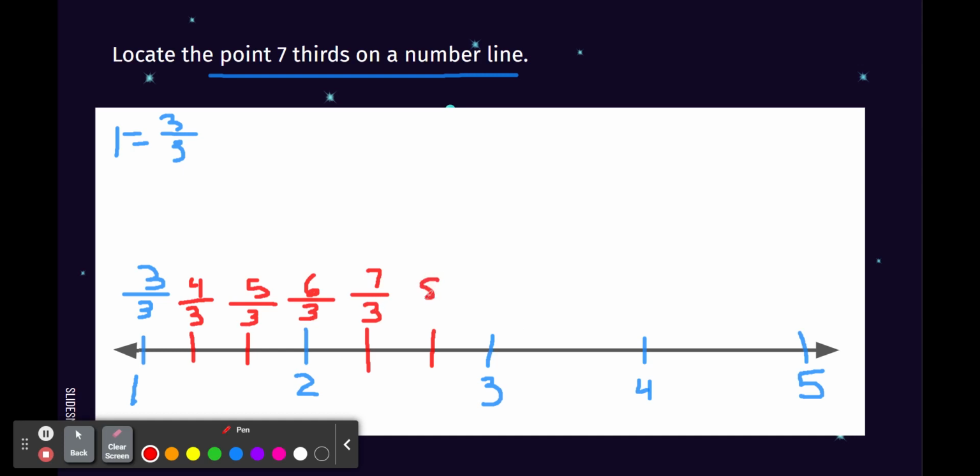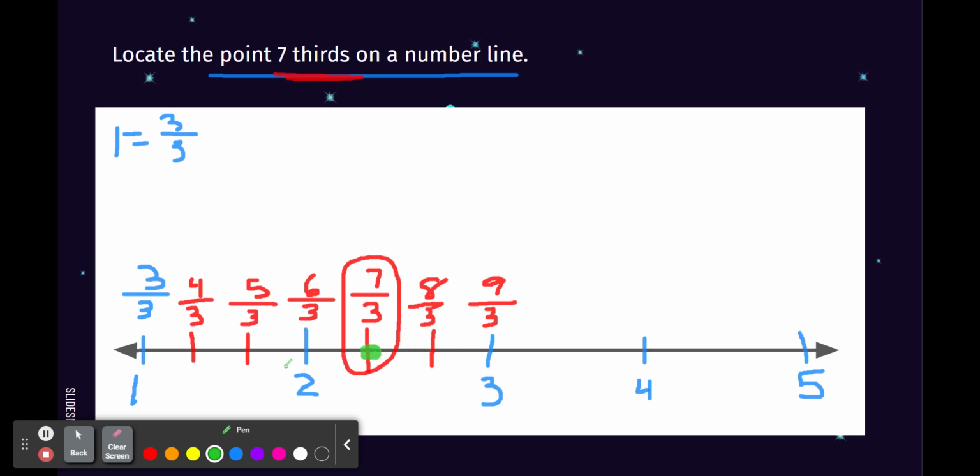Then we have 8/3, and then 3 is going to be 9/3. We need to find 7/3, and I see we have 7/3 right here, so that is the spot that we are going to mark as 7/3.